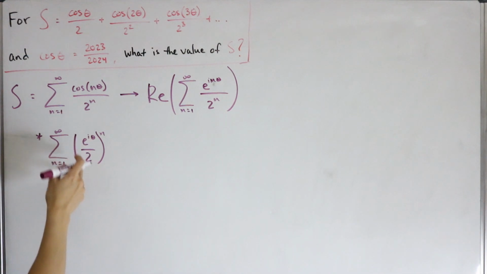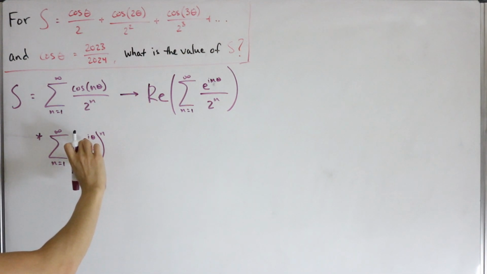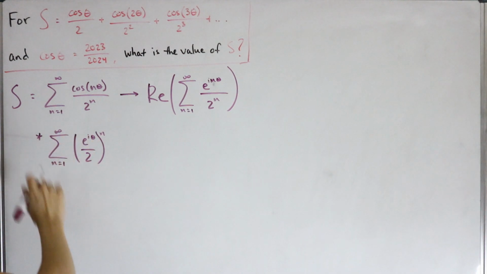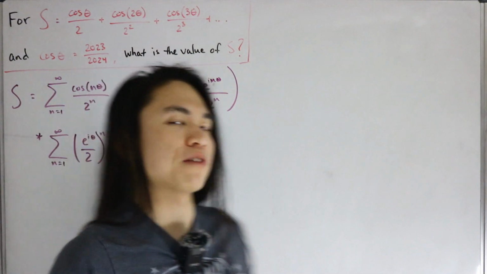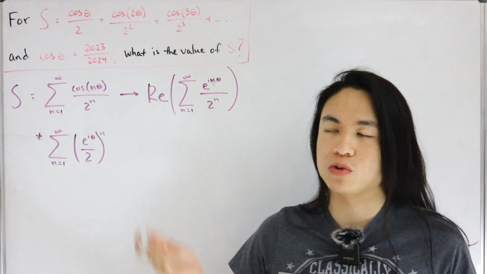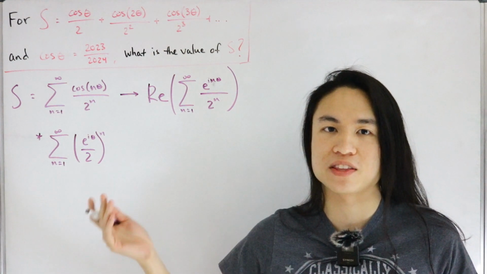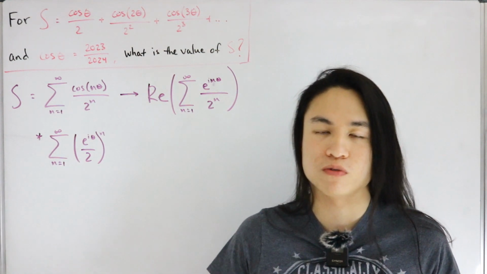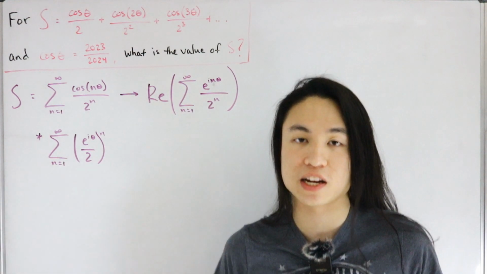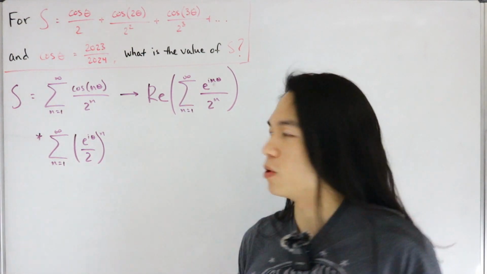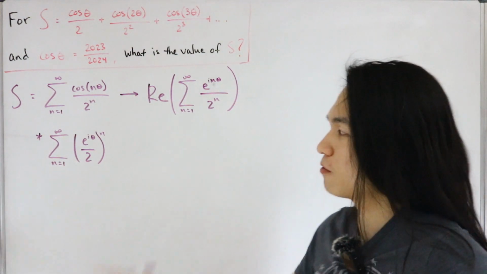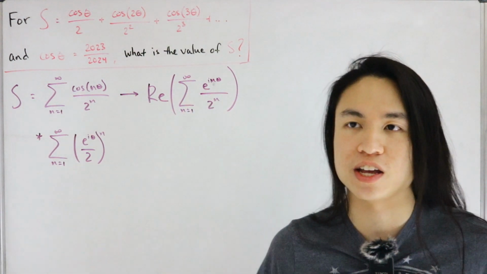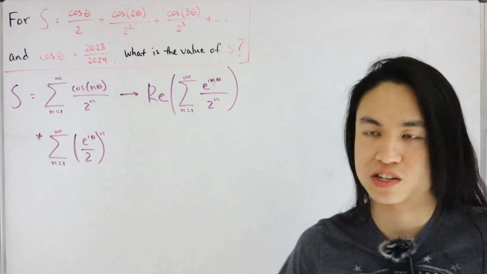So if I take what's inside, e to the power i theta divided by 2, and take the absolute value, aka the modulus, the modulus of e to the power i theta is the square root of cosine squared theta plus sine squared theta, which equals 1. We have a division by 2, so in this case we have 1/2, and that fits the validity such that it does converge since it is strictly less than 1.